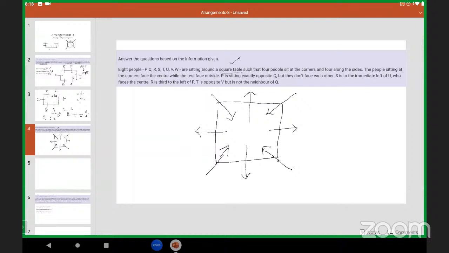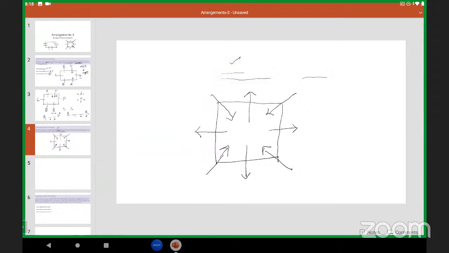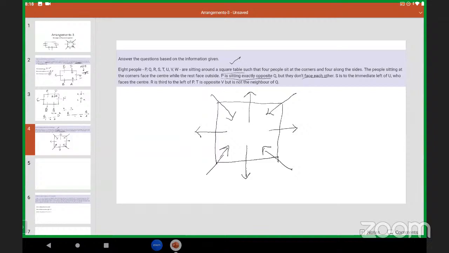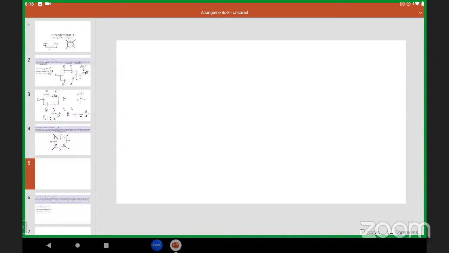So let us start. So first statement is P is sitting exactly opposite Q, but they don't face each other, which means their directions are opposite. Okay, so their directions are in such a way that they can't see each other's face. Let me give you a detailed explanation. So this is a square.